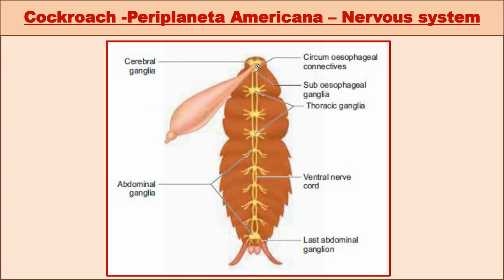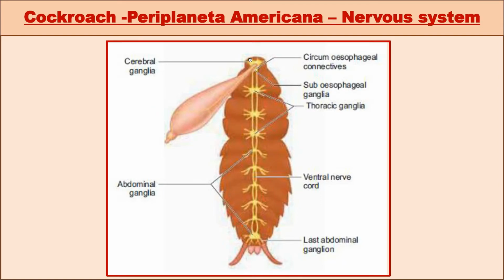A pair of circumesophageal connectives is found around the esophagus, and this will join the supraesophageal ganglion on top and the subesophageal ganglion at the bottom of the esophagus and form a nerve ring.